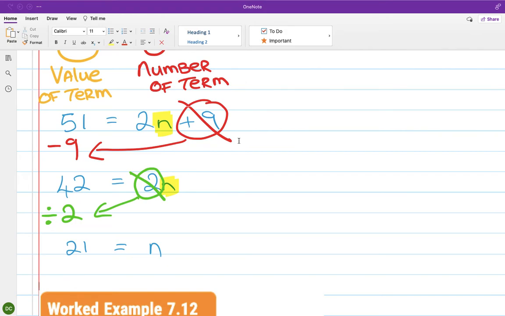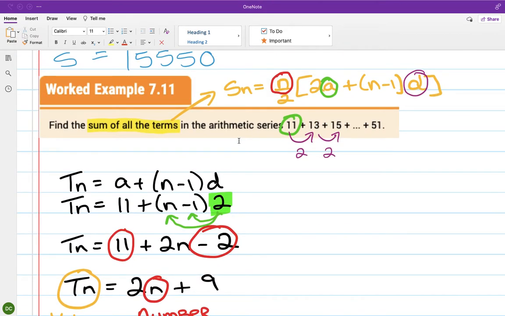Does that make sense? So we now know that this 51 is the 21st term. So there are 21 terms in this sequence. That means we now know that, so we can do it.